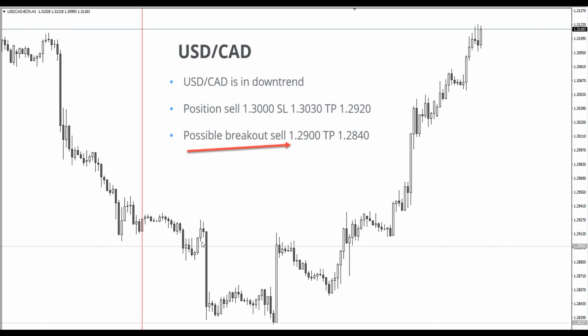Here we had a breakout sell, and it was very good. See, 29.00. I knew it was going to sell if it breaks, and watch this candle. Wow, Marubozu candle. Strong Marubozu candle.